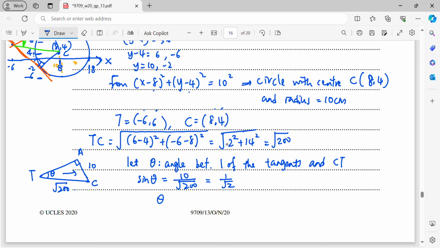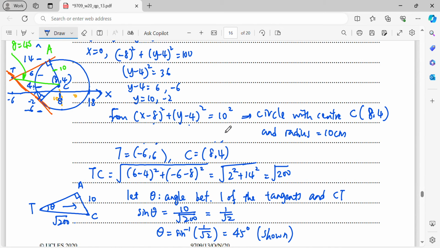So your theta is inverse sine of 1 over square root 2. That is 45 degrees. So we have shown this angle. Okay, so roughly here is the y-axis.